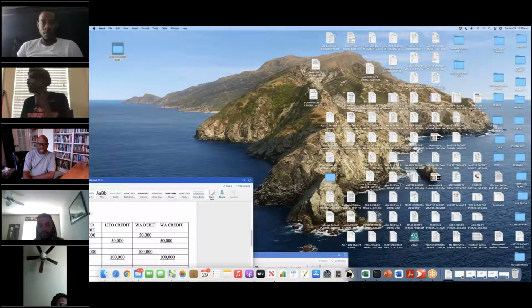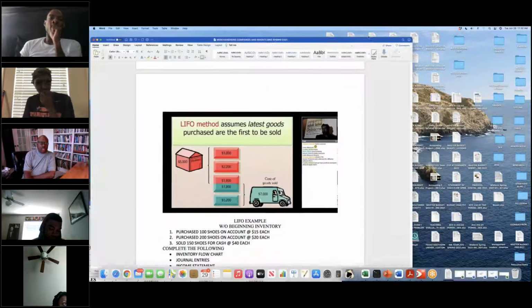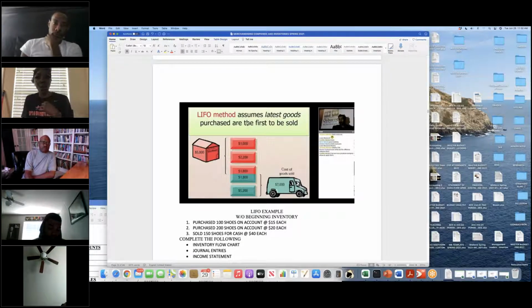So LIFO assumes the latest goods purchased are the first to be sold.